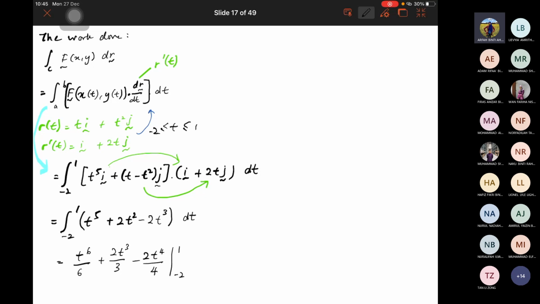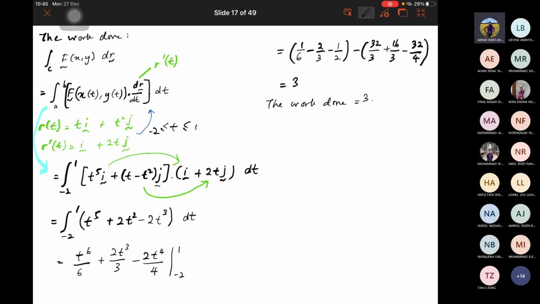Okay, so it will become 1/6 tambah 2/3 tolak 1/2 tolak 32/3 tambah 16/3 tolak 32/4 sama dengan 3. So the work done equal to 3 unit.